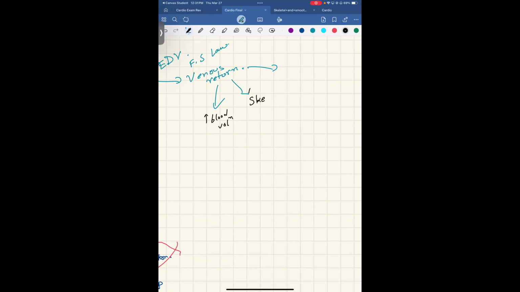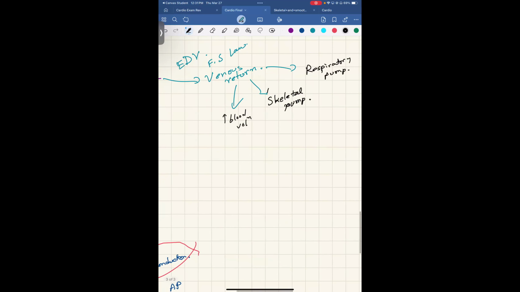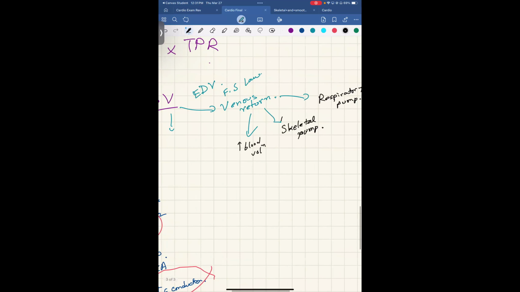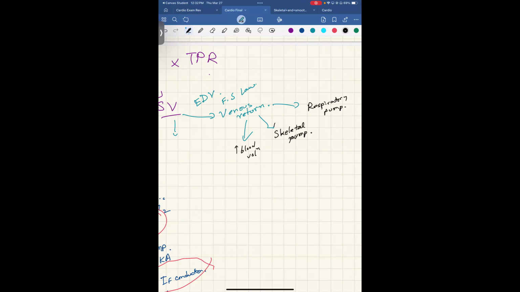Or the skeletal pump, because you have muscles in your legs which can squeeze, and that squeezes up blood. And the respiratory pump. All these help blood return back to the heart against gravity. I was going to do a cool case on that, but we don't have time.